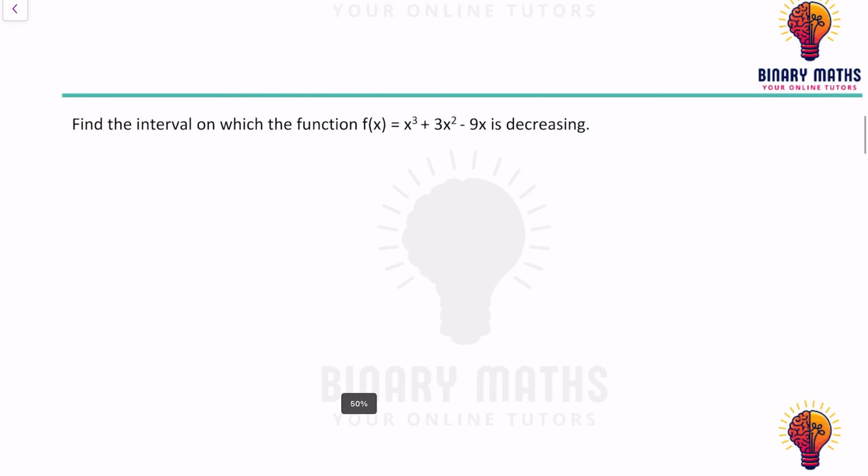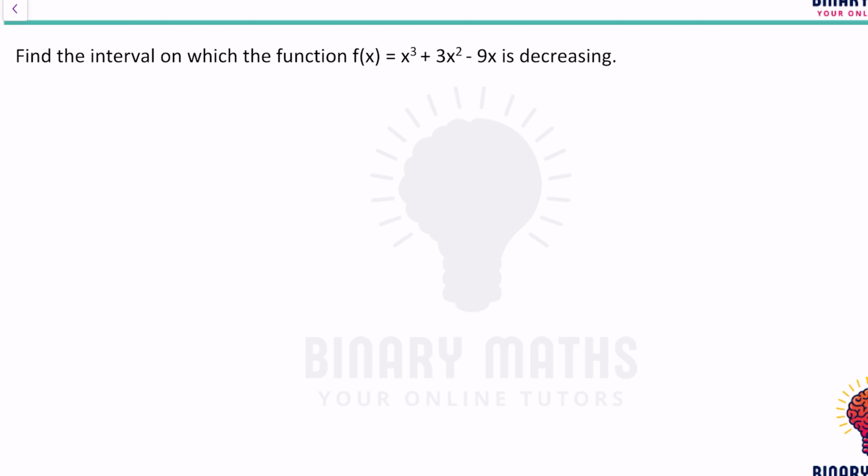Okay, next example. Find the interval on which the function f of x is equal to x cubed plus 3x squared minus 9x is decreasing. So decreasing means f of x is decreasing implies f dash of x is less than or equal to 0.